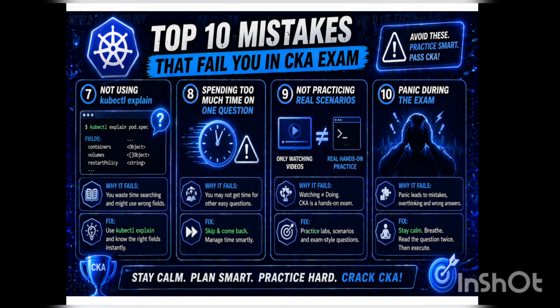After that, we have the next mistake, not using the kubectl explain command. You don't remember a field. Let's say a resource object has various fields, but you don't remember the exact name of the field. You don't need to remember everything. There is no problem.